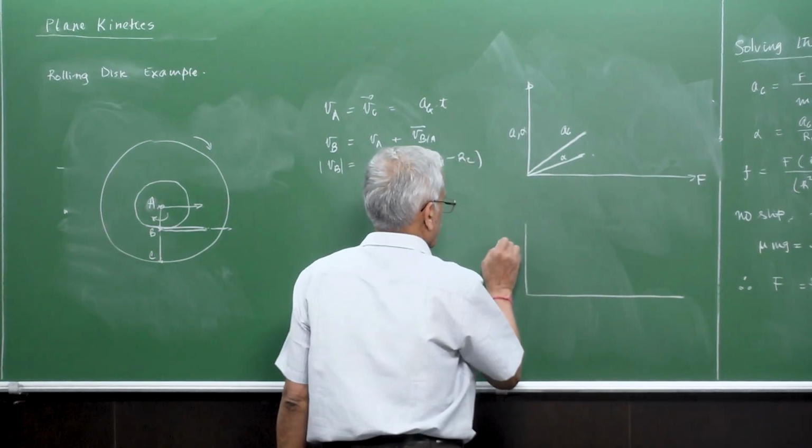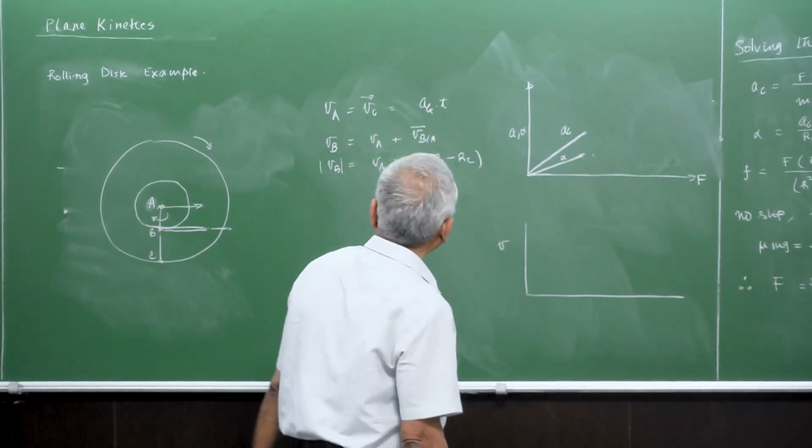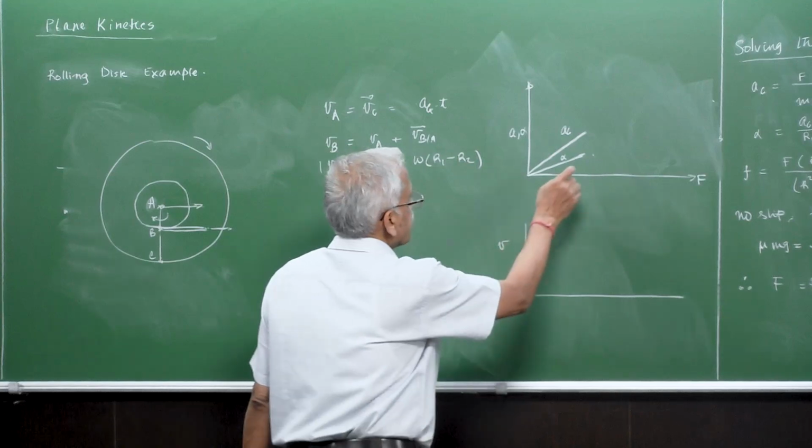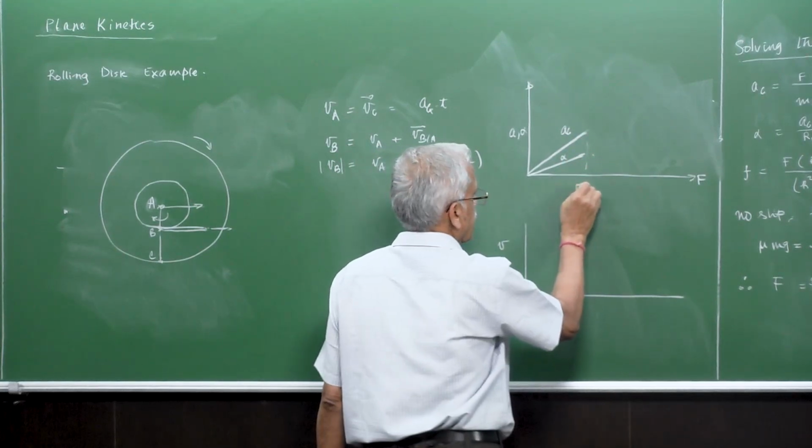You can also draw the velocity here, and then what happens later? So this is the F critical.